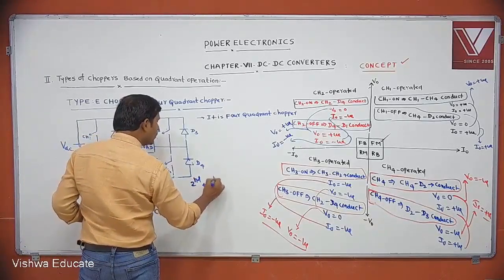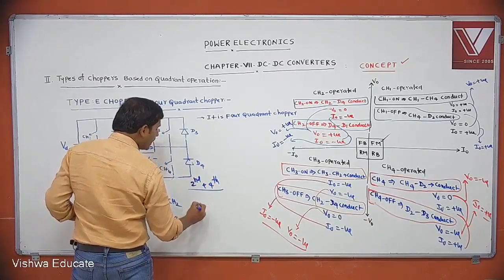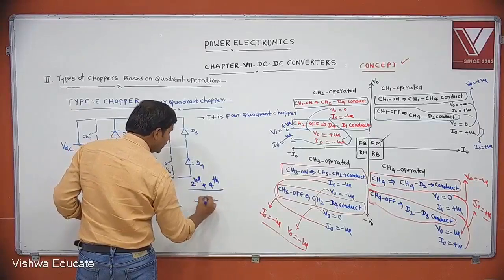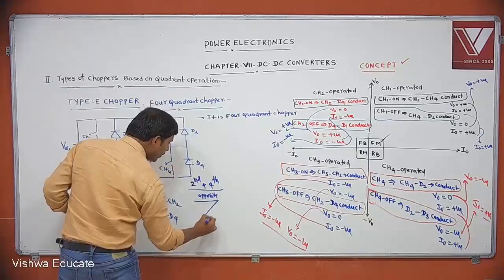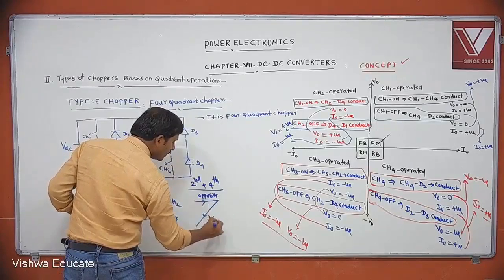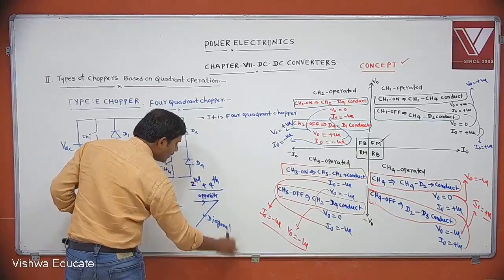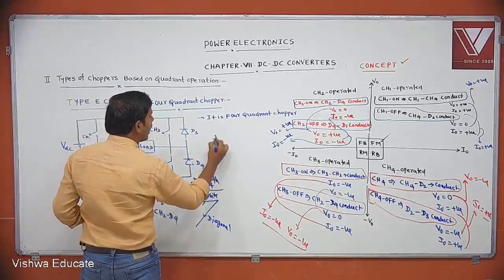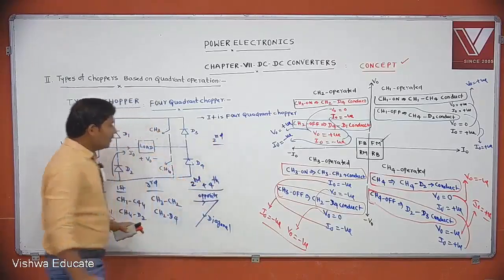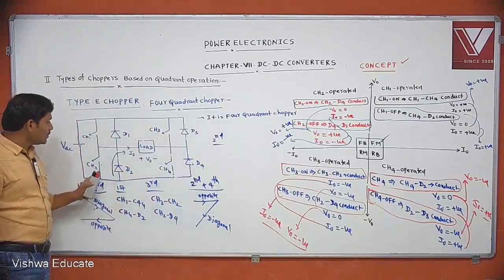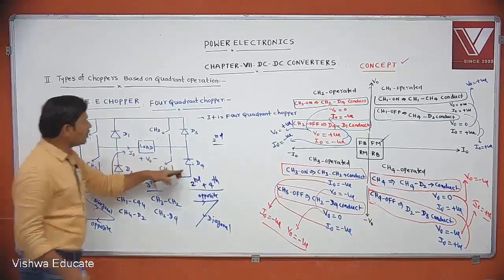You follow another rule. In the second and fourth quadrant, first take the opposite, next the diagonal. For example, I am applying this rule in the second quadrant. First opposite, CH2, D4.